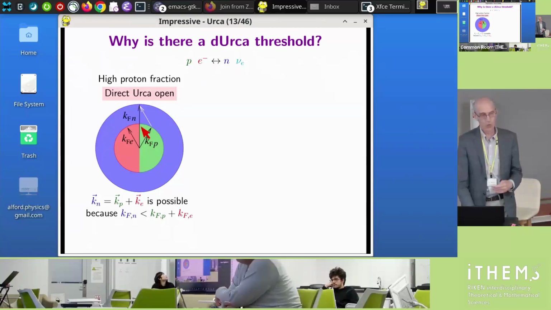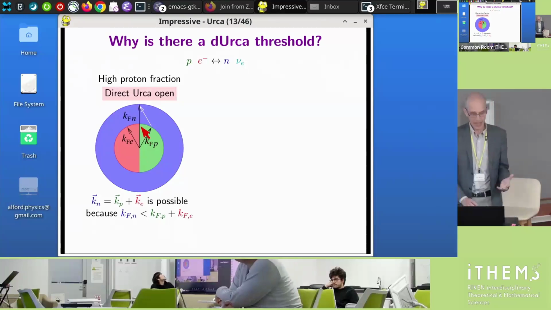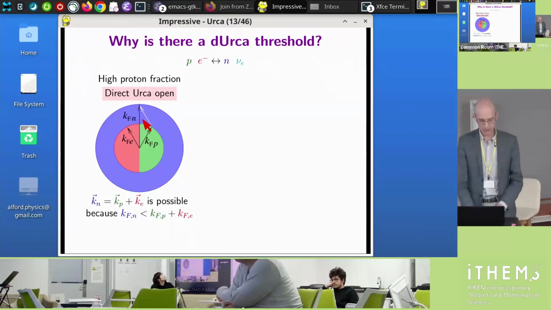Well, you've got to conserve energy, and particles on their Fermi surface can turn into other particles on their Fermi surface, conserving the energy. So a proton and an electron on their Fermi surface have enough energy to turn into a neutron on its Fermi surface and emit a low energy neutrino.